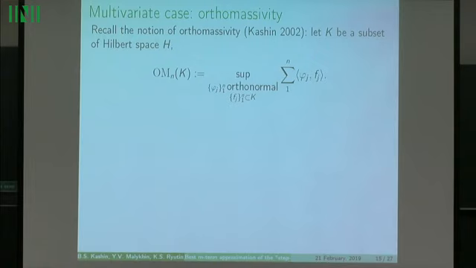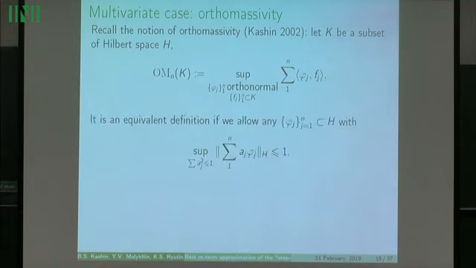We can take a subset of some Hilbert space H, and we are interested in the following quantity: the sum of scalar products over all possible, and some supremum over all possible orthonormal systems of vectors phi g, or in an equivalent way we can define it in such a way.